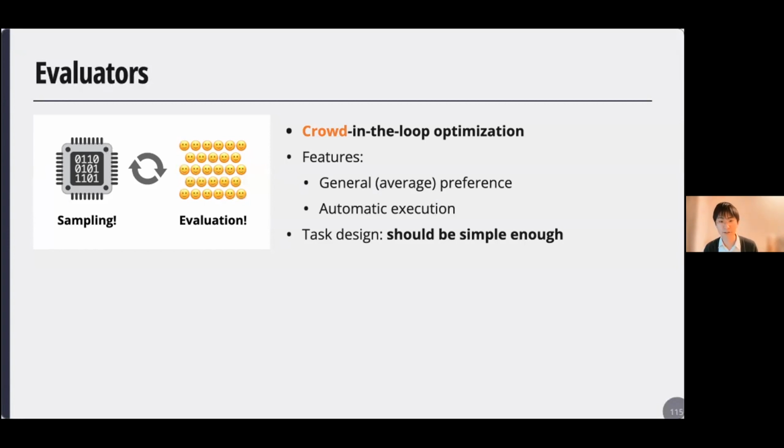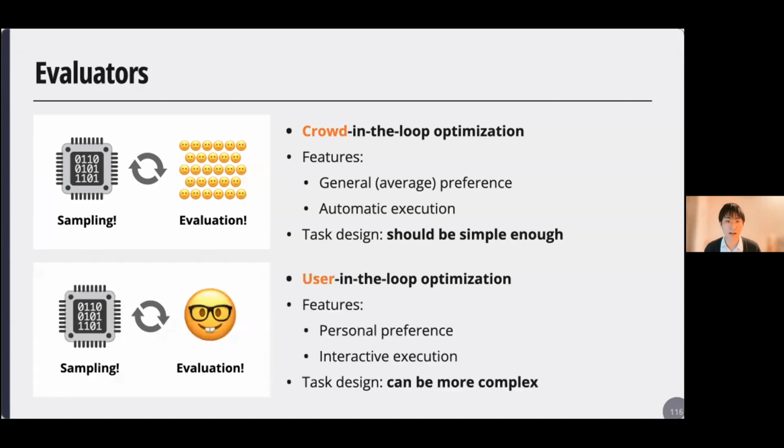One constraint is that the task design should be sufficiently simple so that crowd workers can easily and stably perform it. The other one is user-in-the-loop optimization, in which a single user is repeatedly asked to perform perceptual assessment interactively. In this case, the task design can be a little more complex compared to the crowdsourcing setting.